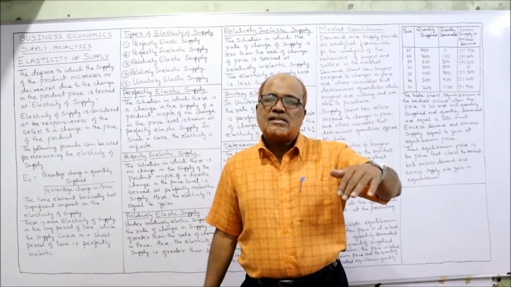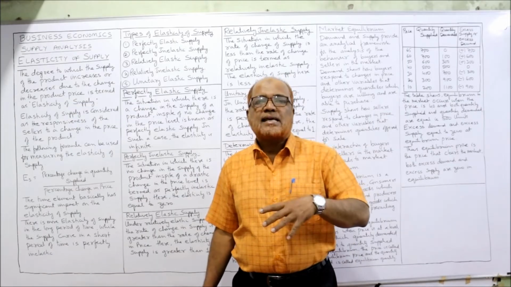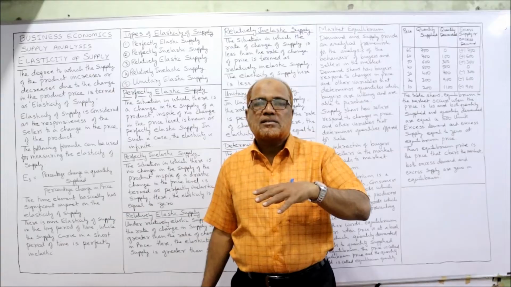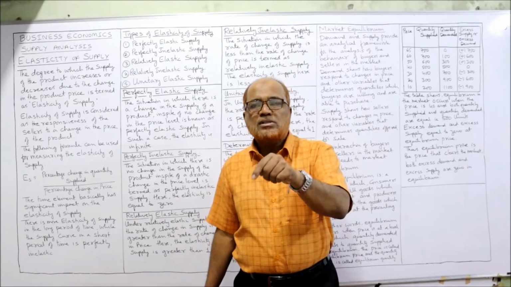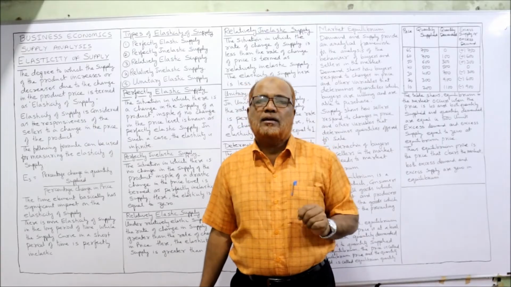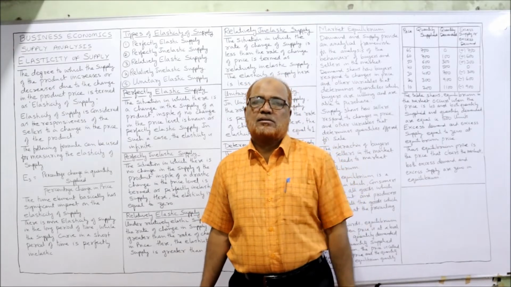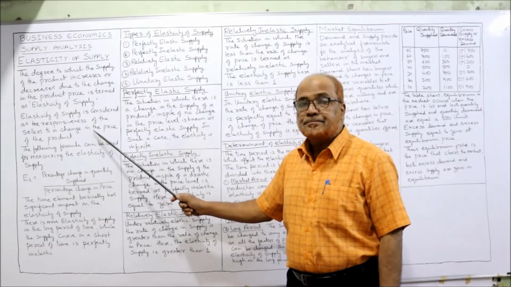Whenever there is a change in the price, how the sellers respond, how the sellers change the supply. So responsiveness in the supply due to a given change in the price is called elasticity of supply.